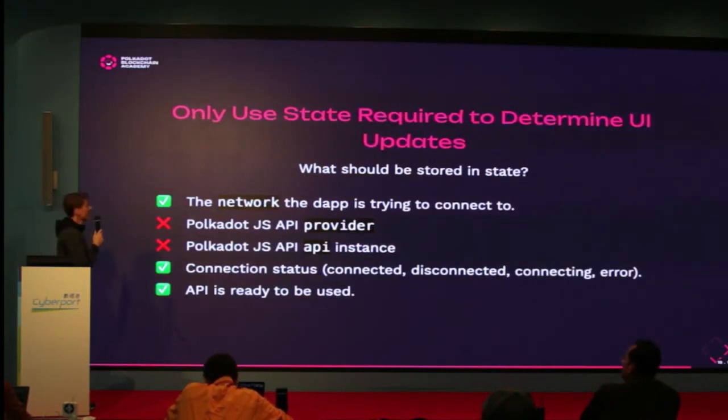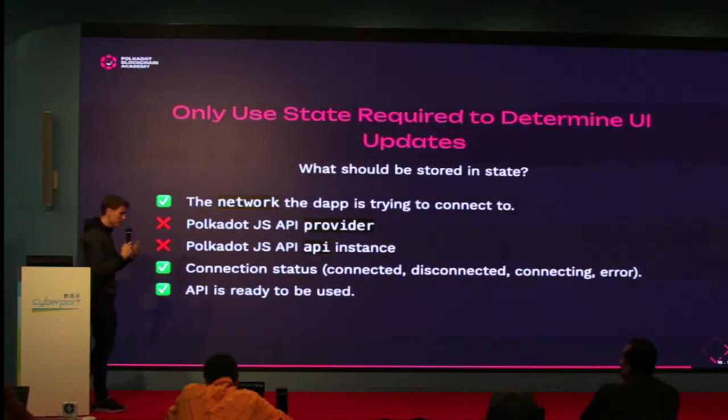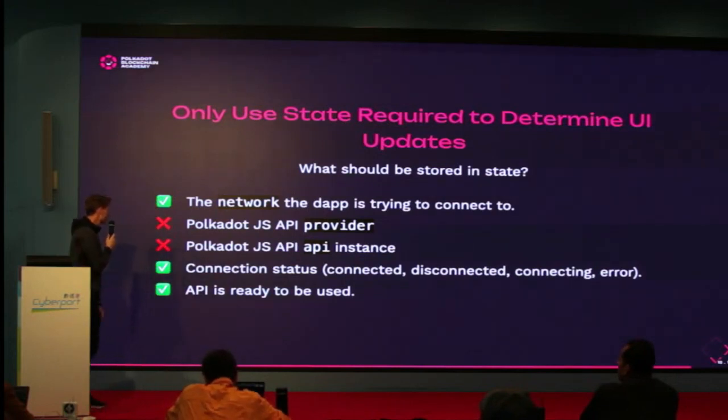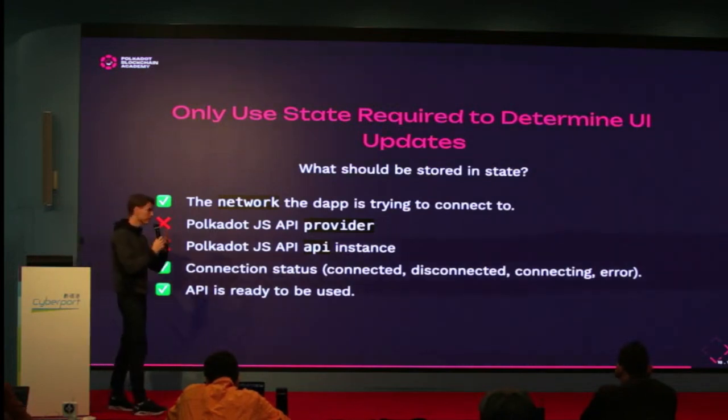So, only use state required for UI updates. Here's a few examples of what React actually cares about for state. The network I'm on, so I might want to re-render my network colors, my logos, etc. when that changes. We don't really care about the provider or the API instance, because again, it doesn't affect the UI, what is being displayed.